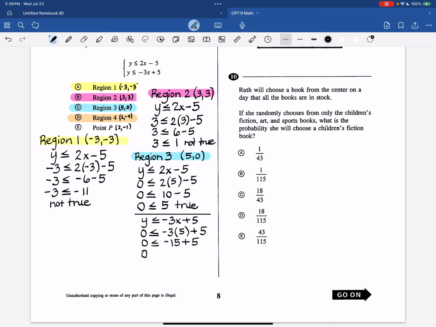So we get 0 is less than or equal to negative 10. Is that true? No. So this is not true. We got it okay on this part, but it's not true on the second one of the inequalities.